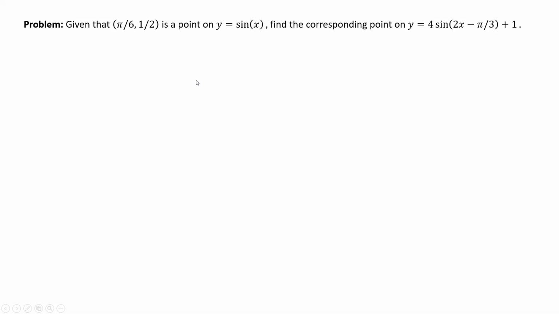Okay, so what are we left with? We need to find the corresponding point on this complicated looking thing. Given x old is pi over 6 and y old is 1/2, right?